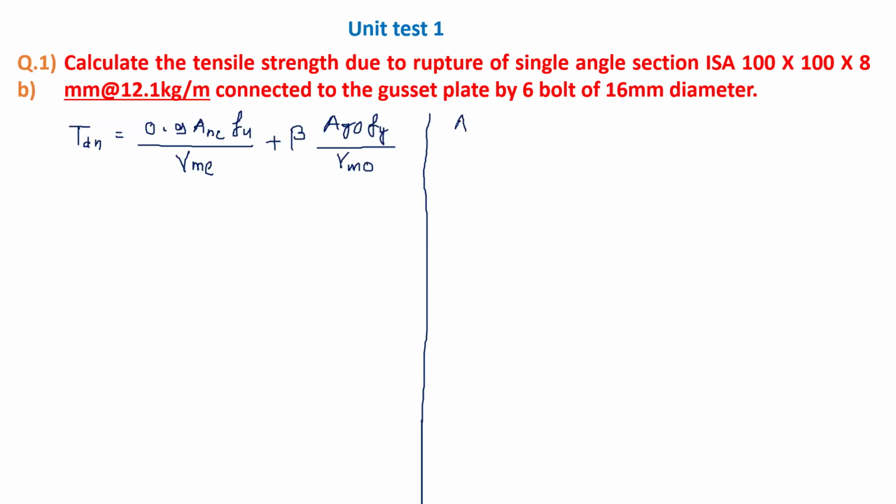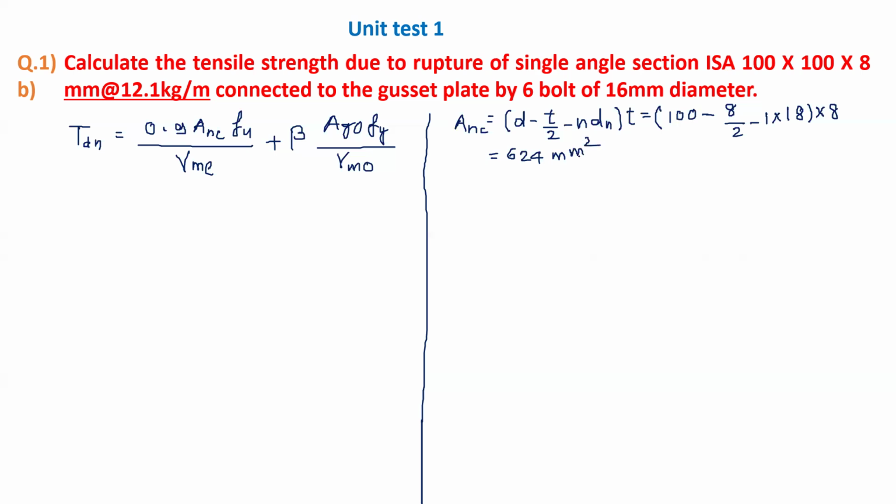So we have A_nc, that is net area of connected leg, will be (b minus t by 2 minus n into d_h) into t. And then by substituting values, we have both legs 100, so we can take any one: (100 minus 8 by 2 minus single line of bolt into d_h, the diameter of hole, which is 16 plus 2, 18) into 8, and we have the value of A_nc equal to 624 mm square.